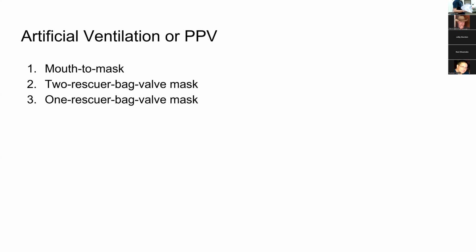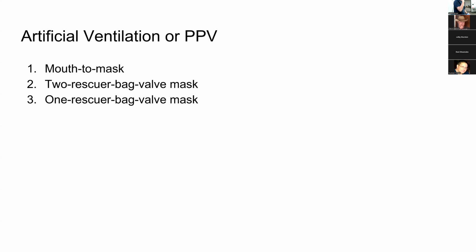So if they have a mouth tube, the OPA, what do you need to use that for? To push air into them, and to give them additional oxygen.